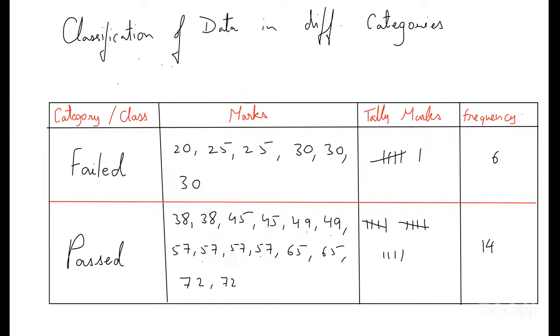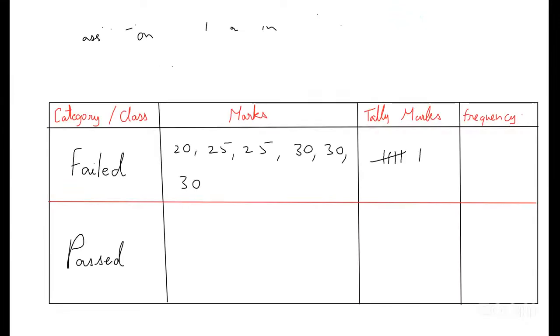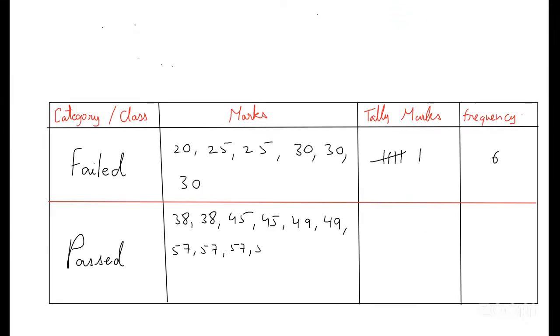Classification of data means that we categorized it and drew conclusions: this much failed, this much passed, this percent of students failed, this percent passed. So this comes under drawing inference. Now I want you all to write the definition of statistics quickly, and then we'll wrap it up.